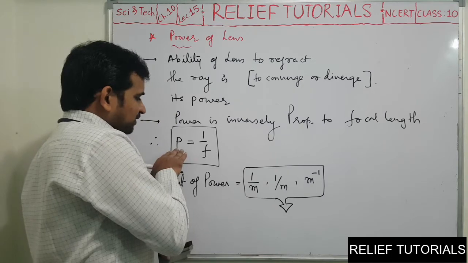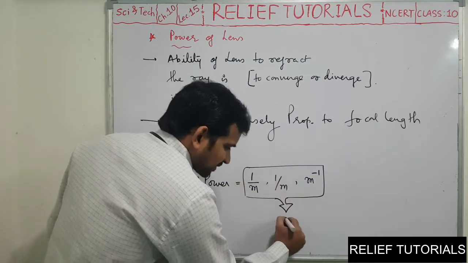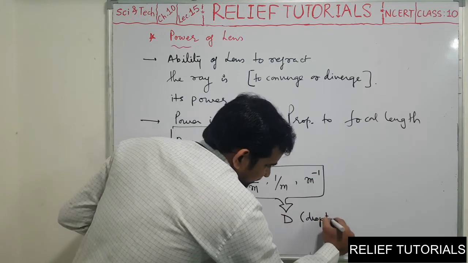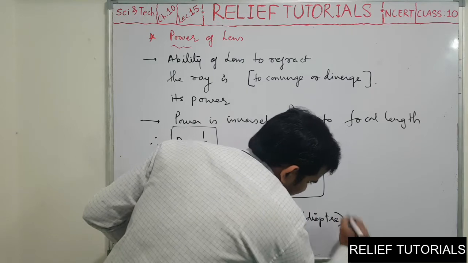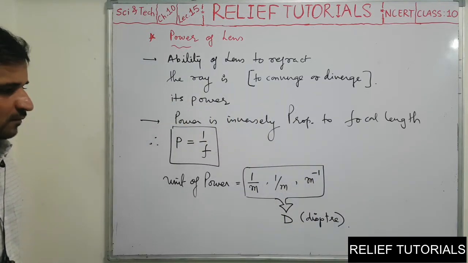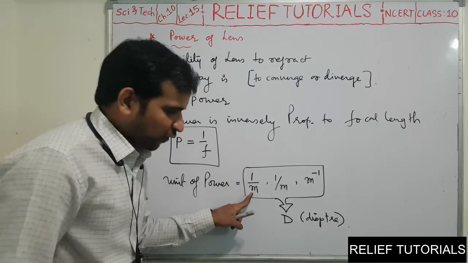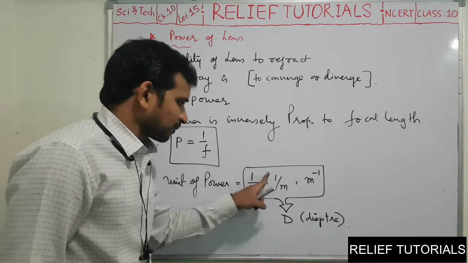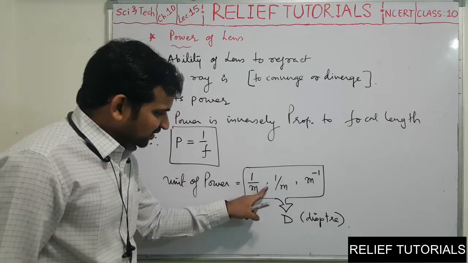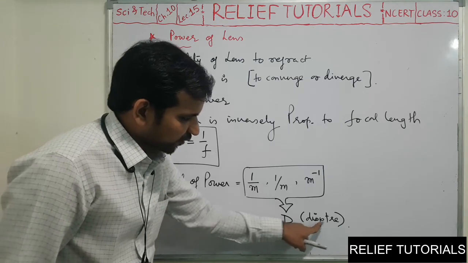Whenever we get the answer of power, we are not going to write the unit in this form. It is replaced by D, D for diopter. The original form of unit is 1 by m, or meter raised to minus 1, but actually it is replaced by diopter, capital D. The full form is diopter.